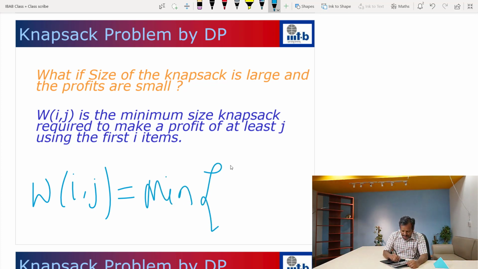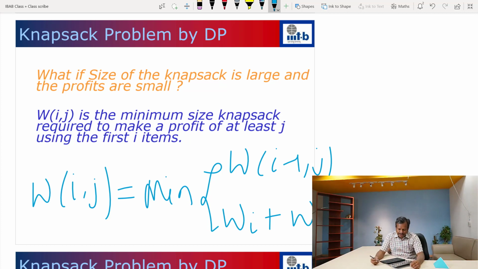That is W of i minus 1 comma j if I decide not to pick the ith item. If I pick the ith item, then it will occupy a space of Wi, and the rest of the profit can be made by looking at i minus 1 items, with a profit of j minus v of i.